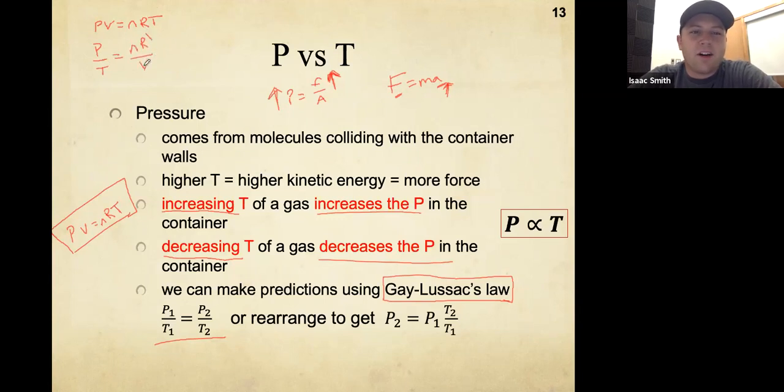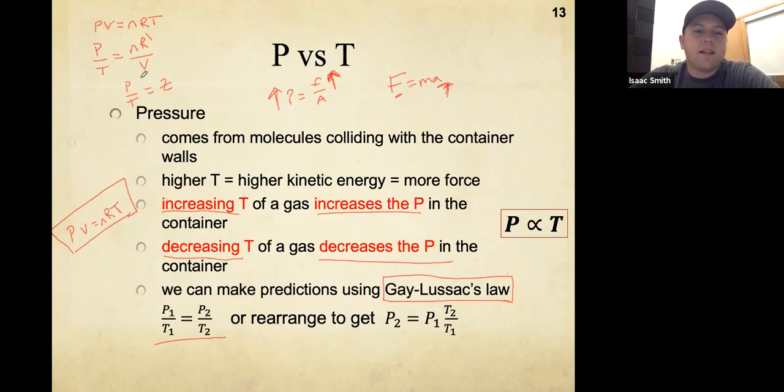And since these are constants, let's just replace it with a variable, we'll say Z, okay? So we're going to say P over T equals Z for a certain gas if it has a fixed volume and a fixed number of moles. R is called the gas constant, and so it's just a number. So that number never changes anyway.